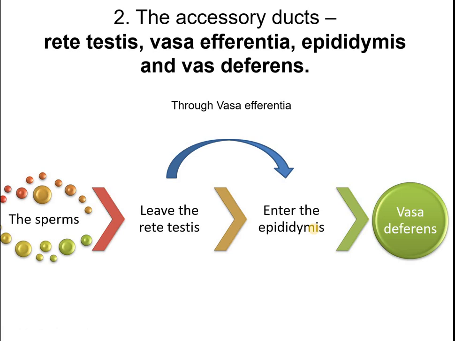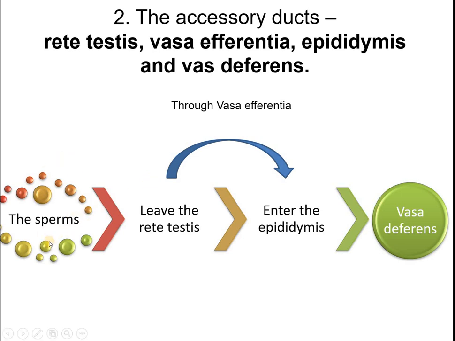Now the accessory ducts. What are the accessory ducts? You know very well. Rete testis, vasa efferentia, epididymis, and vas deferens. Now how are the produced sperm passed?